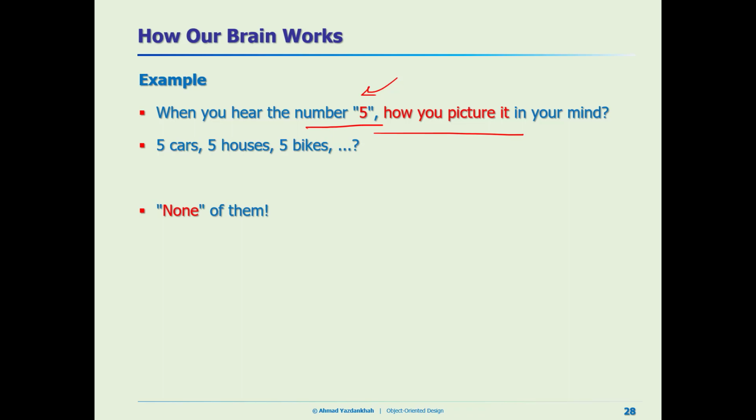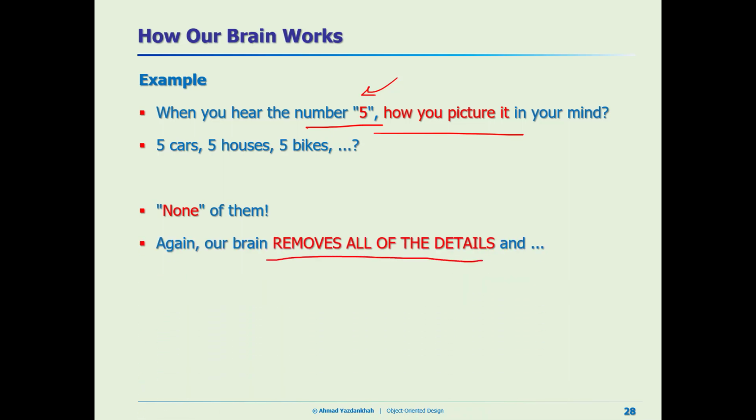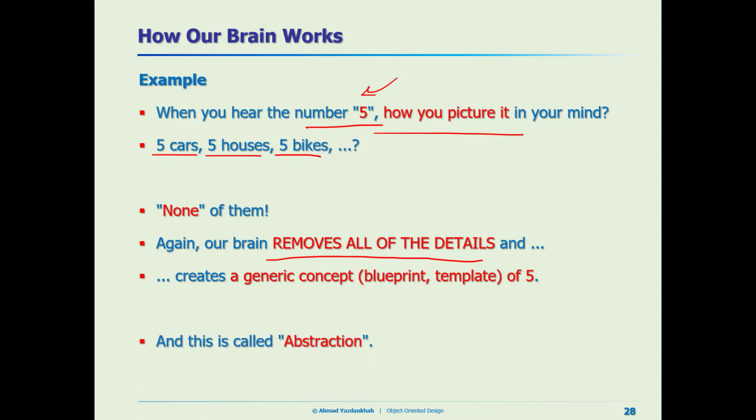Again, your brain removes all of these details from the five cars, five houses, five bikes, and creates a picture of the five, which is a generic picture like the water. Again, this procedure is called abstraction.